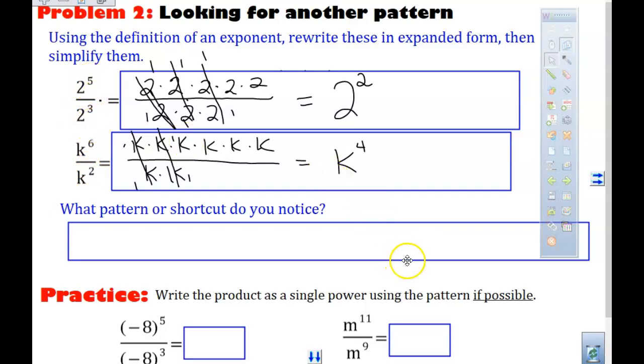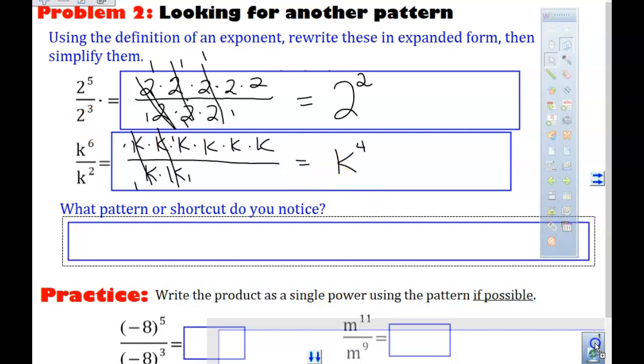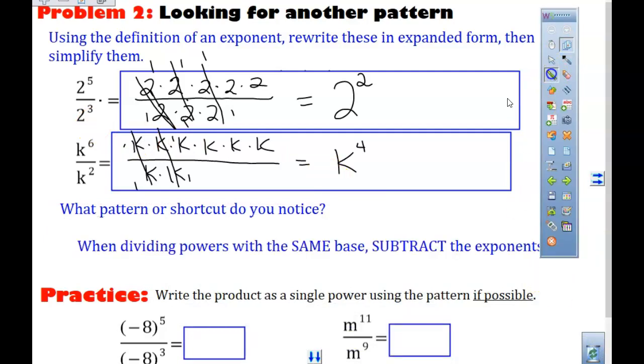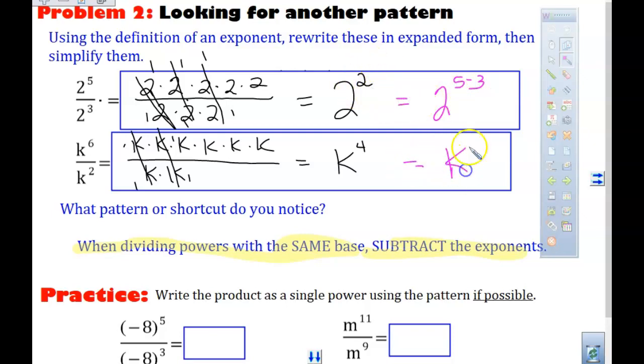Mm-hmm. So the shortcut for our pattern would be, please write this down: when dividing with the same base, we are going to subtract our exponents. So if I would have taken 5 minus 3, I get 2. If I would have taken 6 minus 2, I get k to the 4th, right?